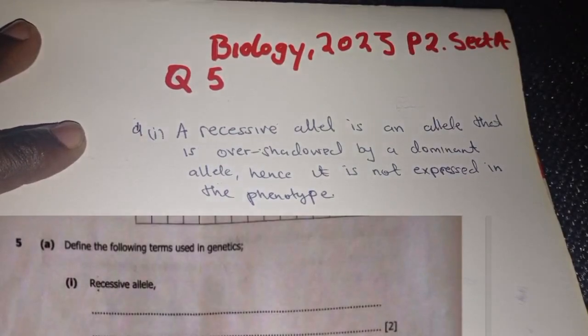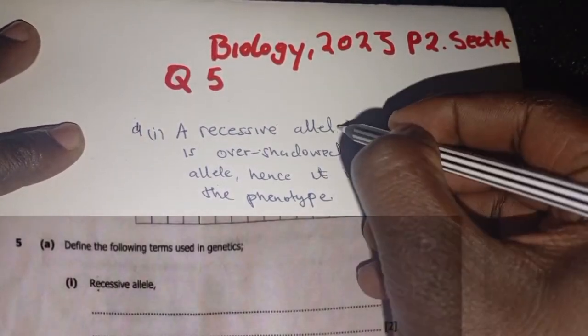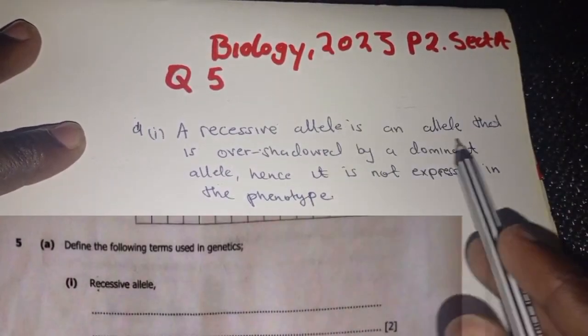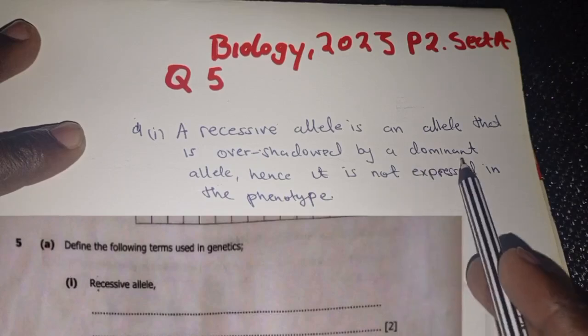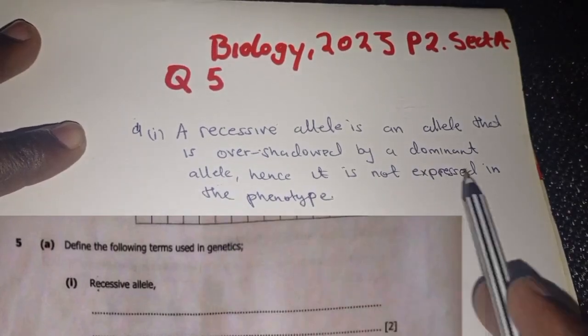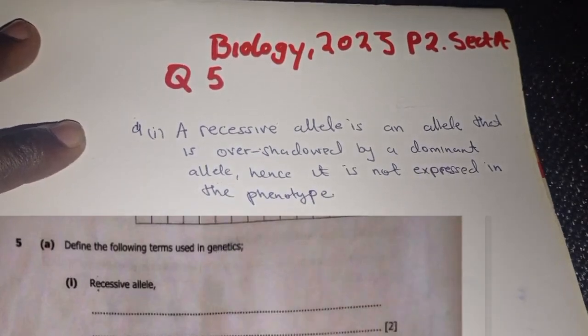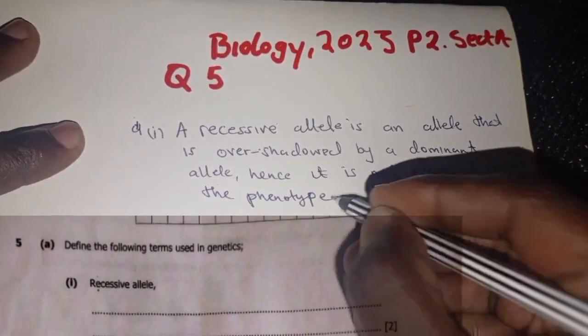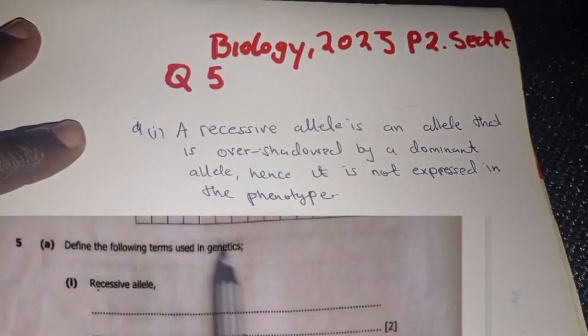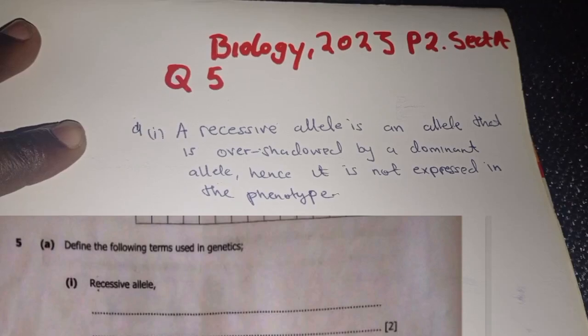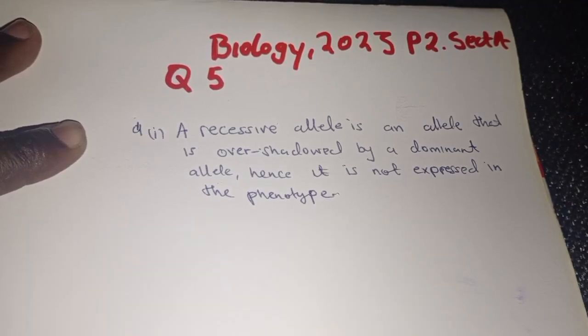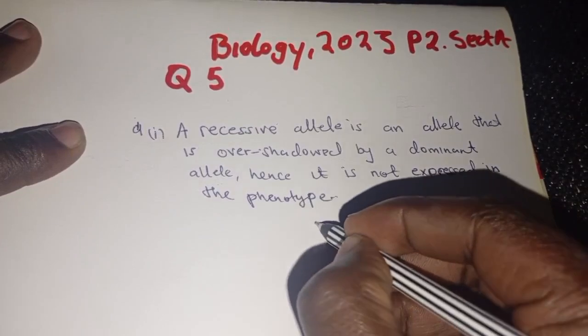A recessive allele is an allele that is overshadowed by a dominant allele, hence it is not expressed in the phenotype. So what do we mean by this? This is the answer, and this is all you need to write, but just to give a bit of an explanation. Let's say you've got this allele.